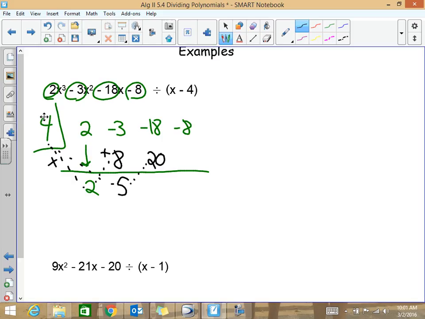And then we're going to add that column. So -18 plus 20 is 2. Then we're going to multiply again, make a little wider check mark. So 4 times 2 is 8. So we put it up here. And then we add down. So -8 plus 8 is 0.